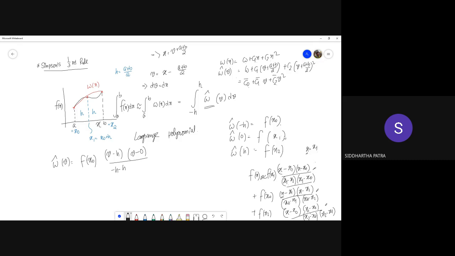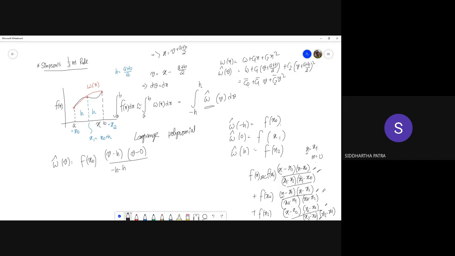Again, take another example, take x equal to x0. Then the second polynomial would be 0 because it has x minus x0, and also the third polynomial would be 0 because it also has x minus x0. So x0 minus x0 would be 0. These two would be 0, only this one survives, and its value is (x0 minus x1) divided by (x0 minus x1) times (x0 minus x2) divided by (x0 minus x2). So this one has a value of 1.